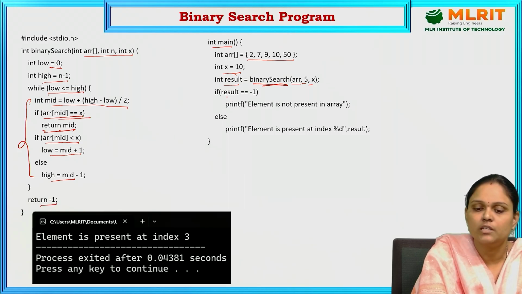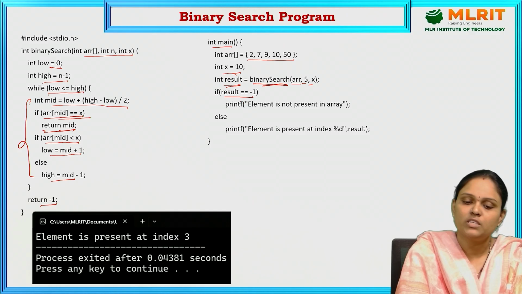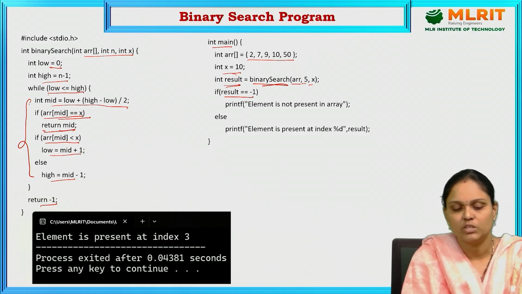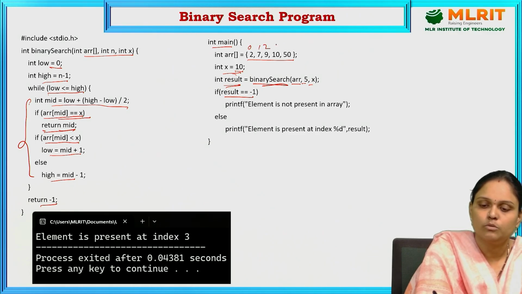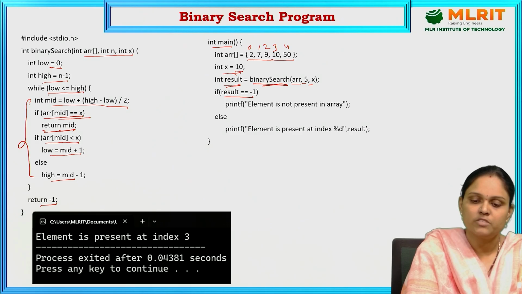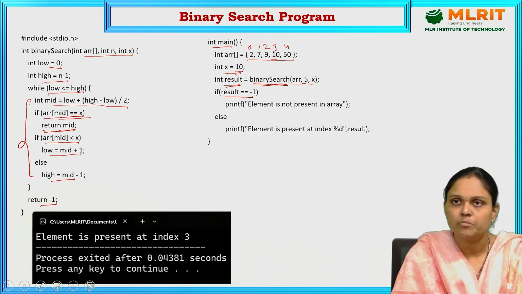So here we are checking with the condition. The value will be stored in this result. So here we are checking result equals to minus 1. Here the x value is 10, and here 0, 1, 2, 3, 4, these are the index positions. So the index position is 3. The 3 value is returning after the termination of that while loop.